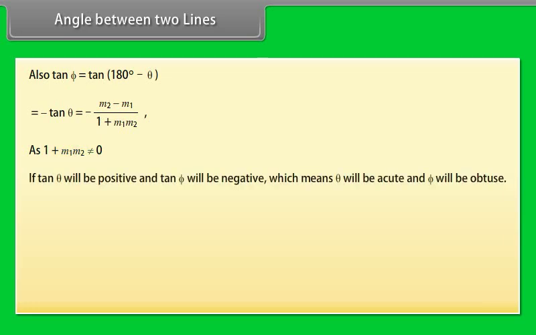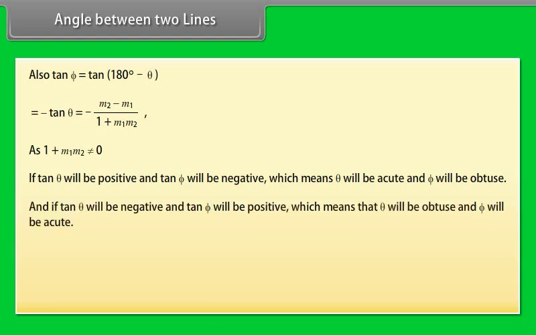If tan theta is positive, tan phi will be negative, which means theta will be acute and phi will be obtuse. And if tan theta is negative, tan phi will be positive, which means that theta will be obtuse and phi will be acute.